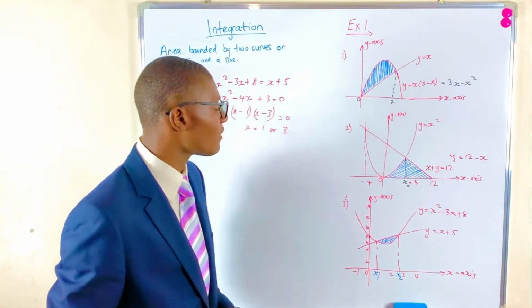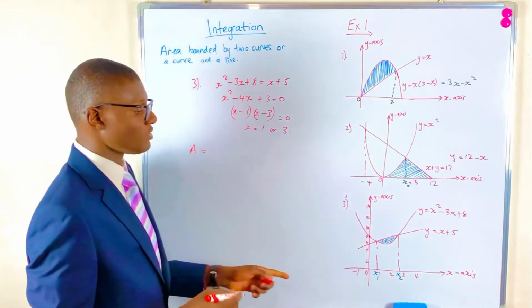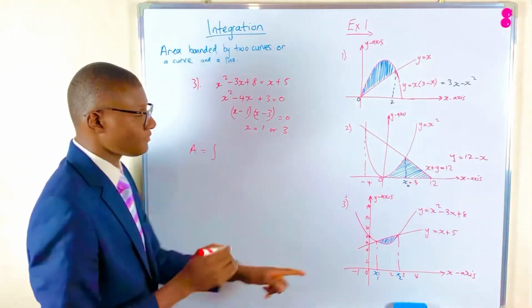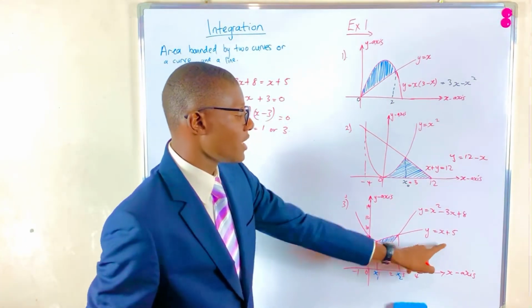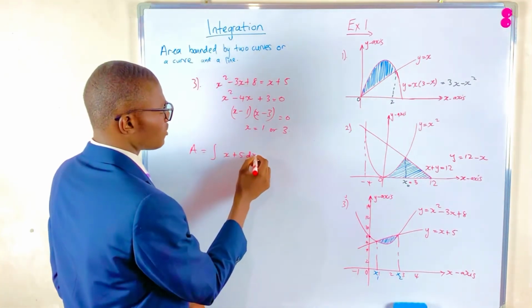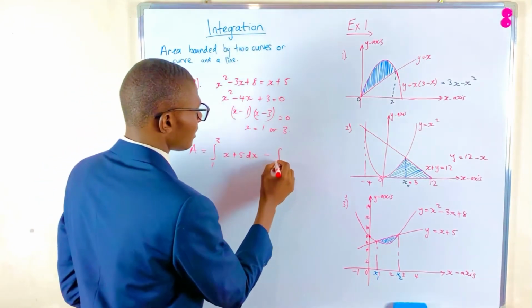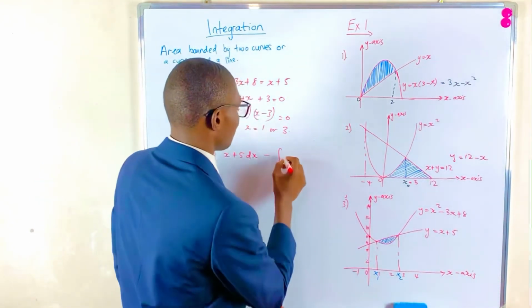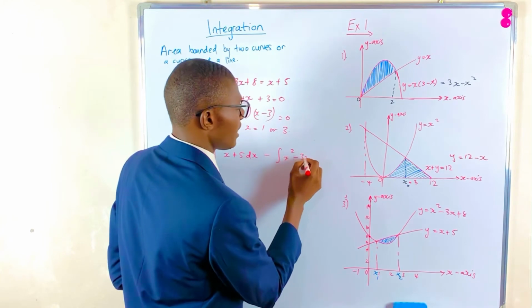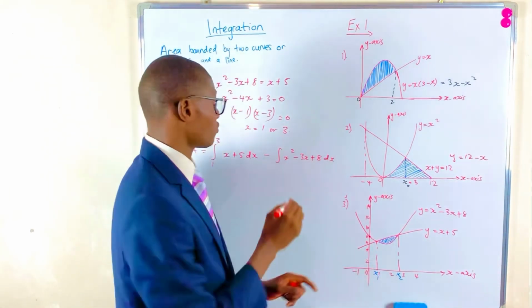So these being our limits, we're saying that the shaded area A is going to be the integral of this curve x plus 5 with respect to x from 1 to 3 minus the integral of this curve x squared minus 3x plus 8 with respect to x from 1 to 3.